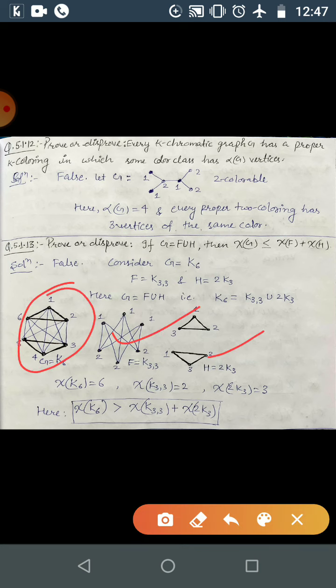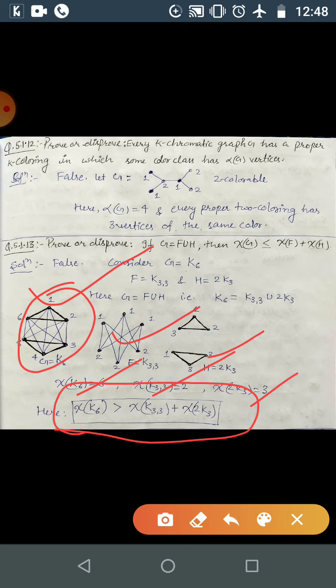If you take the union of these two, you get the K6 graph G. The chromatic number for K6 is 6, for this complete bipartite graph 2, for 2K3 it is 3, and here the chromatic number of K6 is strictly greater than the chromatic number of K3,3 plus the chromatic number of 2K3.